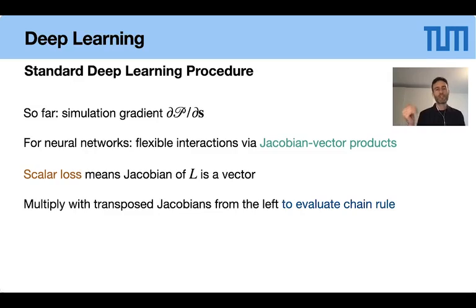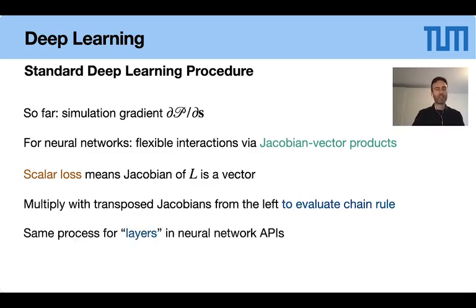We have a chain of calls that we need to unroll with the chain rule, and then we get similar expressions where we basically evaluate the chain rule by multiplying from the left with Jacobians. Right, and this works in exactly the same way for the layers of a neural network as it does for different steps in a fluid simulator or any other simulator.